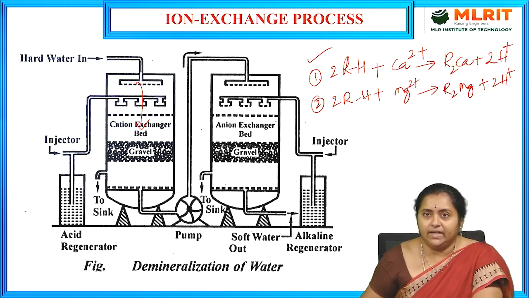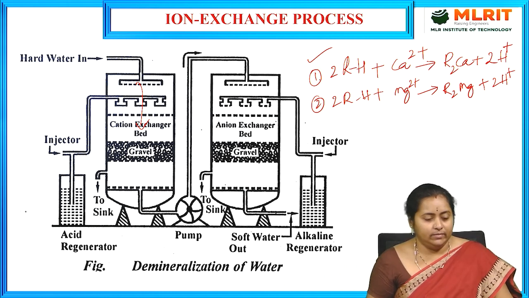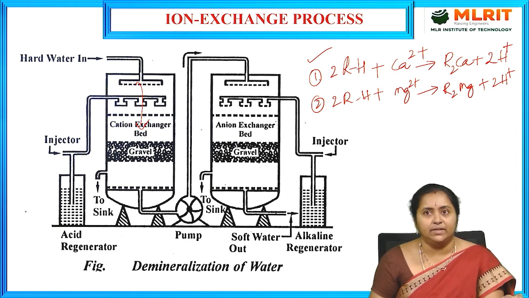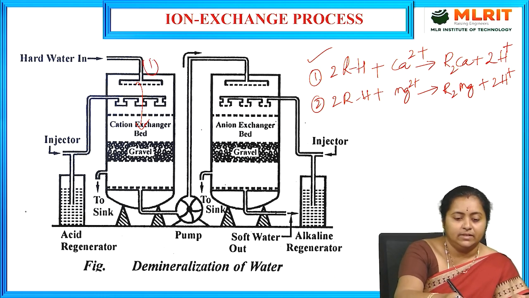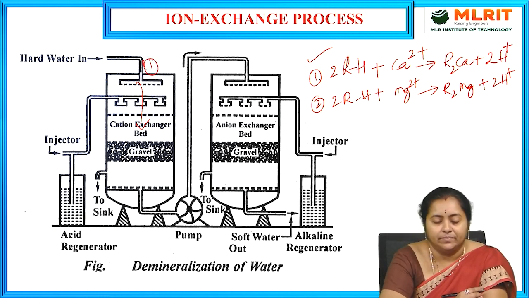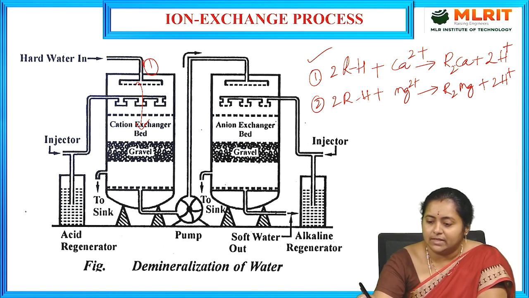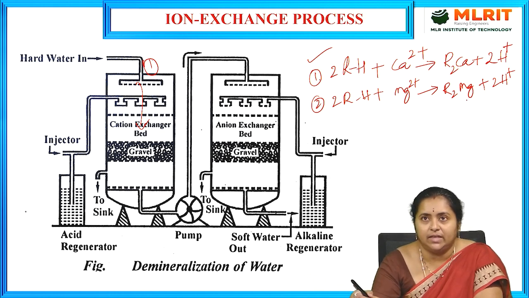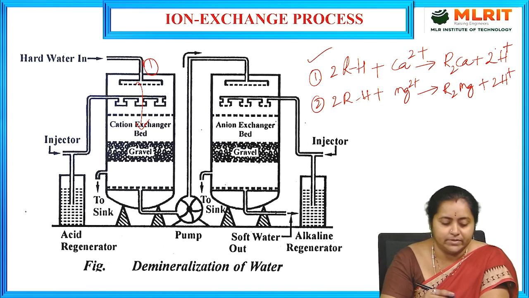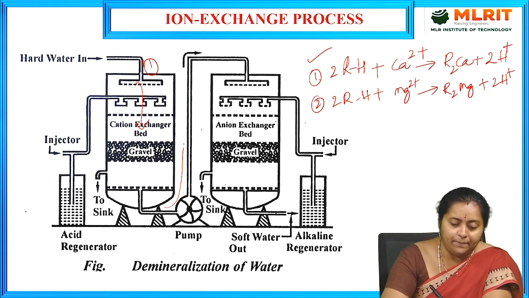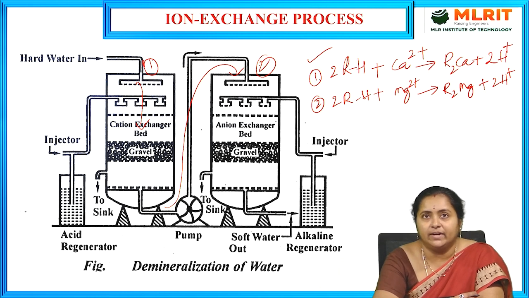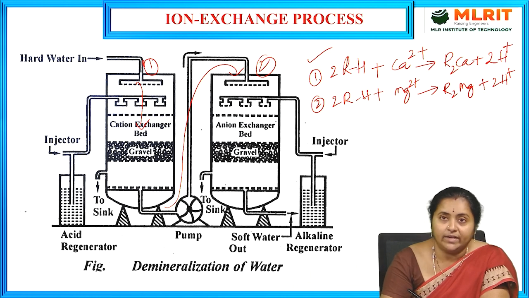These are the reactions that take place when hard water is allowed to pass into the first cation exchange chamber. After R2Mg and R2Ca formation takes place, the H plus ions produced are allowed to pump into the second compartment, where you are having the anion exchanger. The second compartment's name is the anion exchanger, where we are having the anion exchange resin.